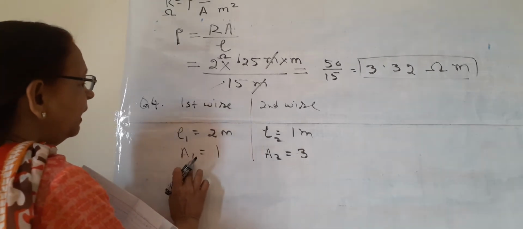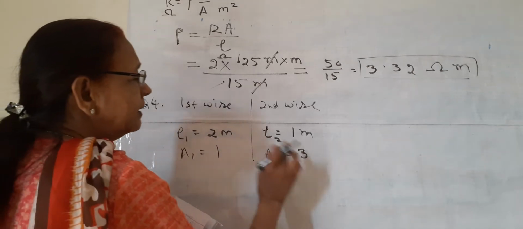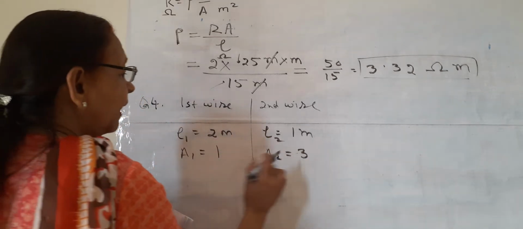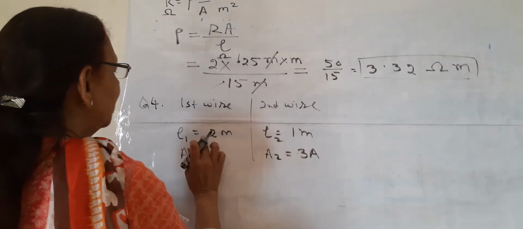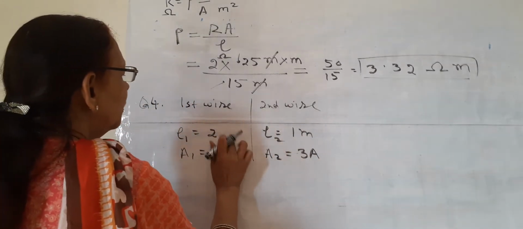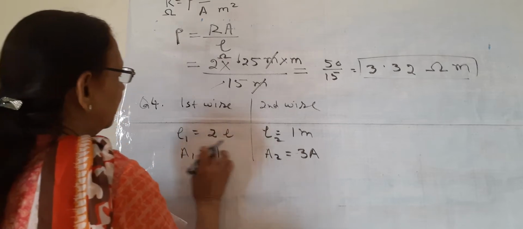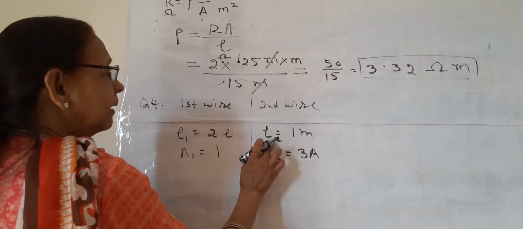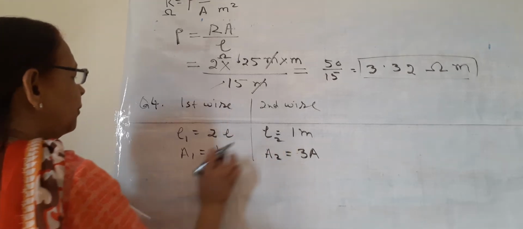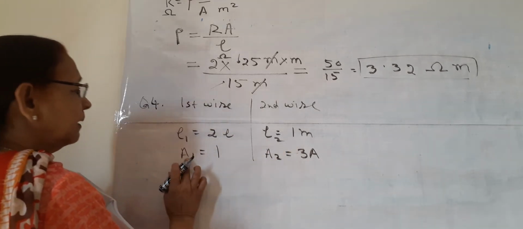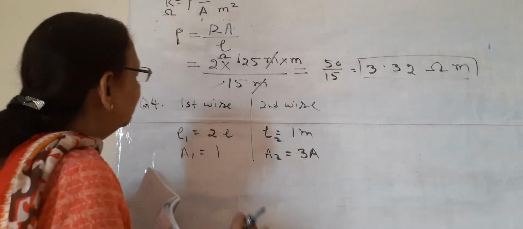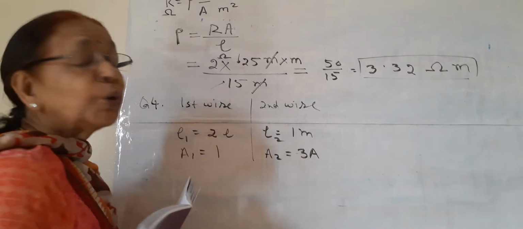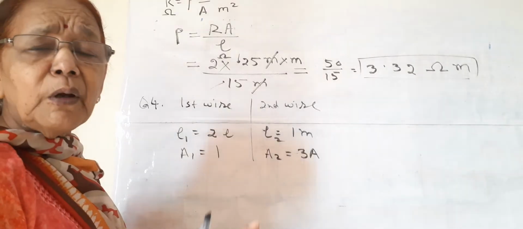So if A1 is 1, A2 is 3, or we can write it is 3A, and this length is 2L. L1 is 2L, double the length of L2, and this is thrice the area of first, A1, so A2 will be 3A, L1 will be 2L. Is it clear to all of you?